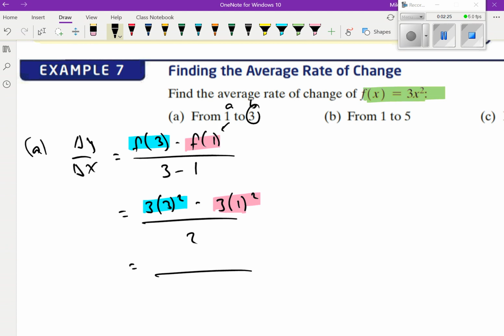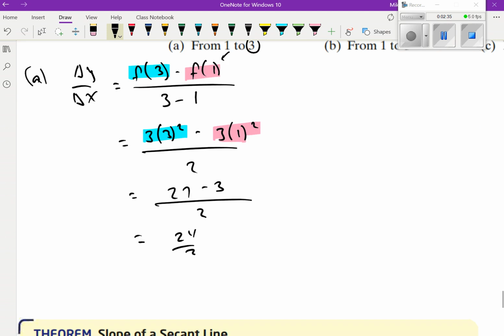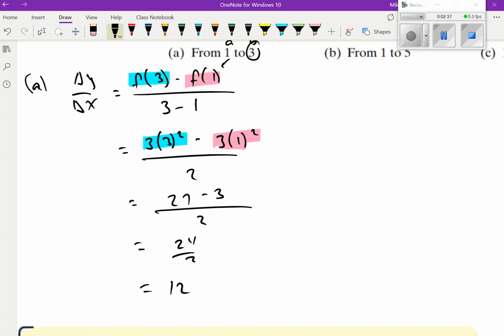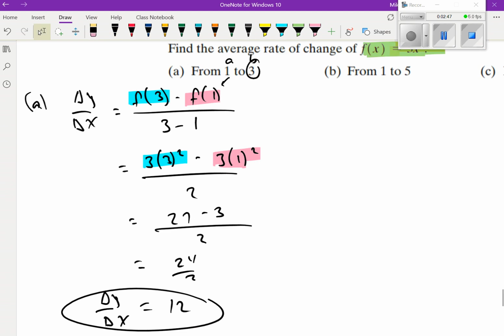So 3 squared is 9 times 3 is 27. 1 squared is 1 times 3 is 3, so minus 3 over 2. So we've got 24 over 2. So our average rate of change from 1 to 3 is going to end up being 12. Okay? So that is our change in y over our change in x from 1 to 3.